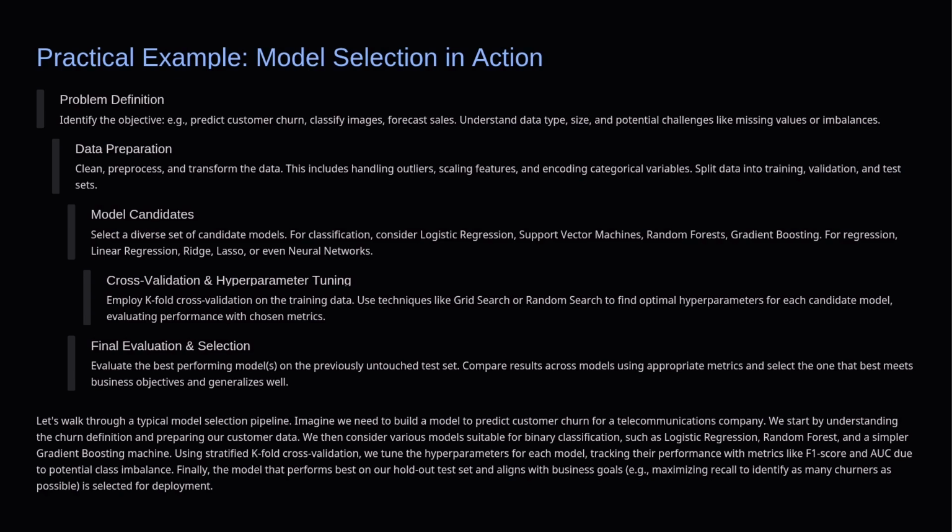Step 4, we use stratified k-fold cross-validation and tune hyperparameters via grid search. And step 5, finally we evaluate the top models on the test set and choose the one with the best balance of performance and practicality. This is the essence of a thoughtful, data-driven model selection process.